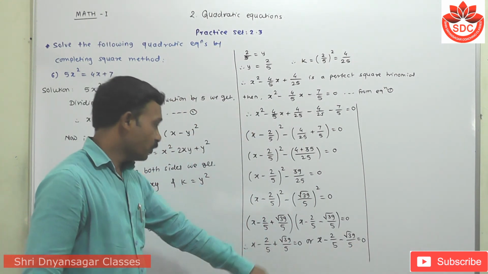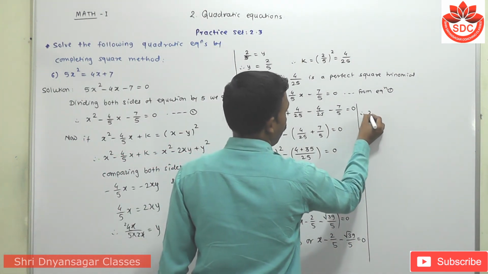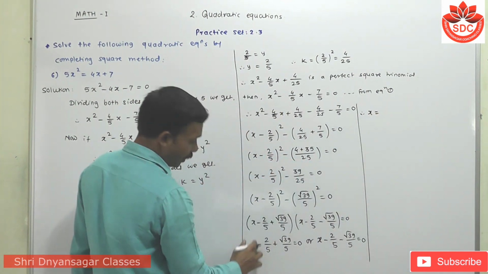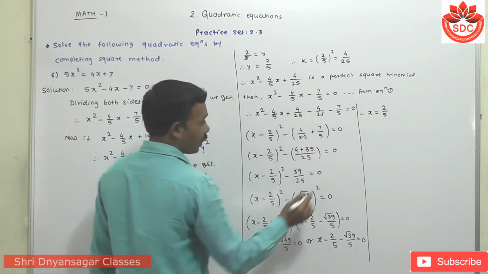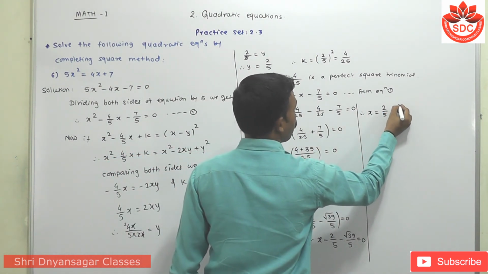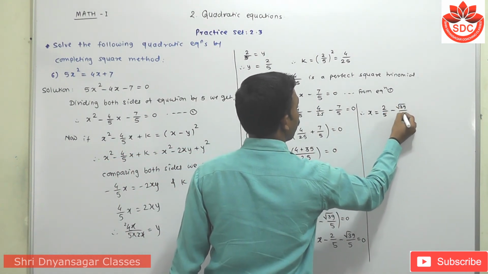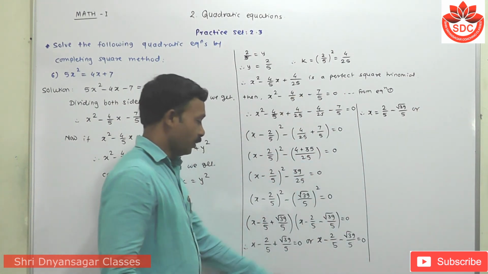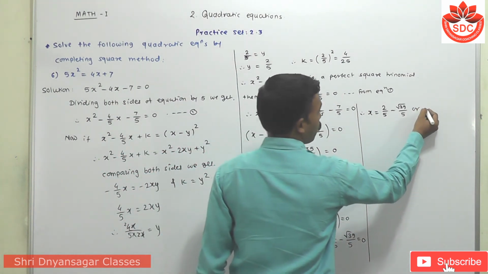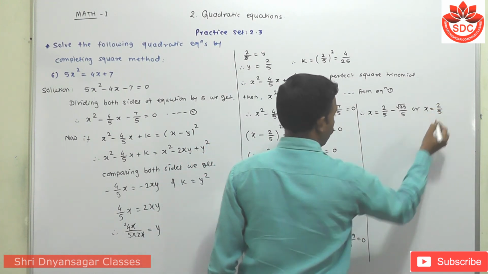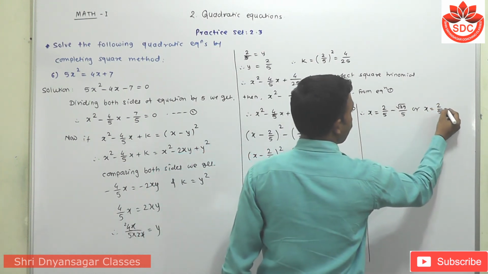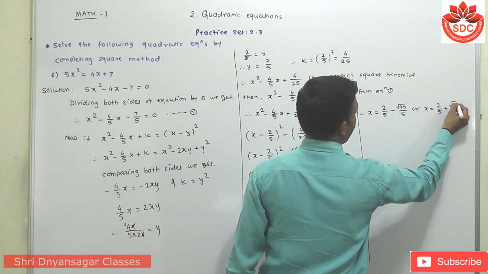Then transposing to the other side, we get x is equal to 2 upon 5, this plus converts to minus, minus root of 39 upon 5, or x is equal to 2 upon 5 plus root of 39 upon 5.